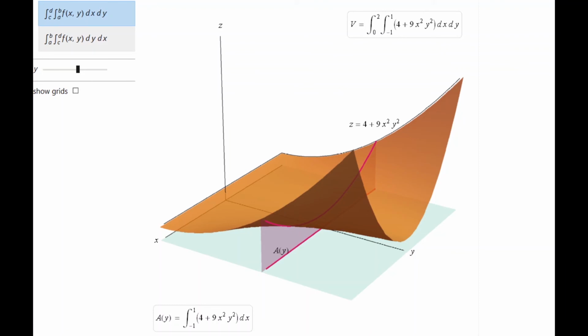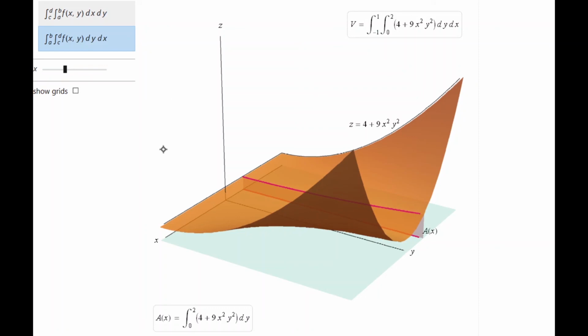And what if we chose to integrate over y first instead of x? If we integrate over y first, we're holding x fixed, and so we get a slice along x that you see there, a slice where x is fixed.